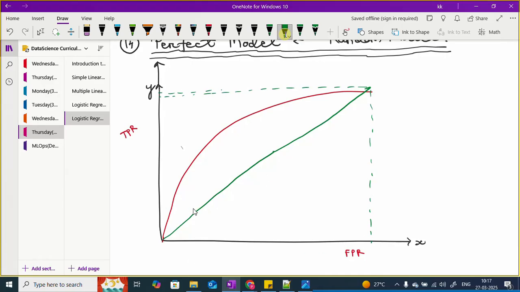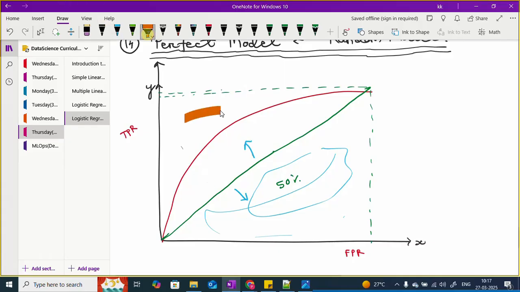If I take any half, maybe this one, this green color mark with the below part, then can I say this is 50% of area? Are you getting my point or not? So here, below this area, all 50%, and above this area, all this area. This is 50% or not?